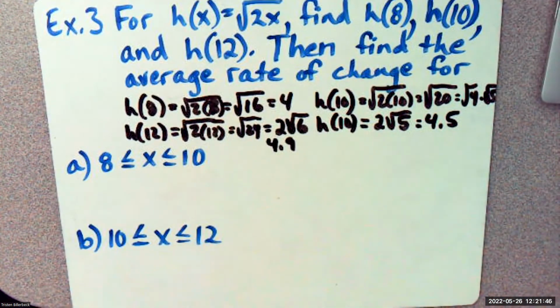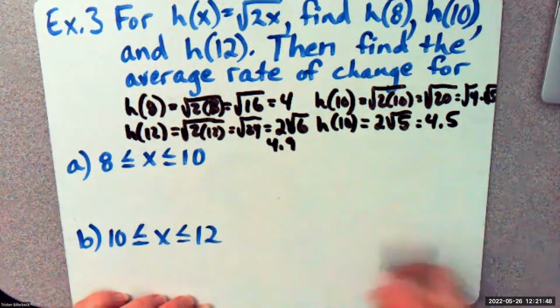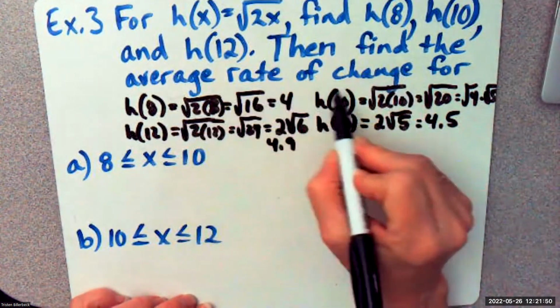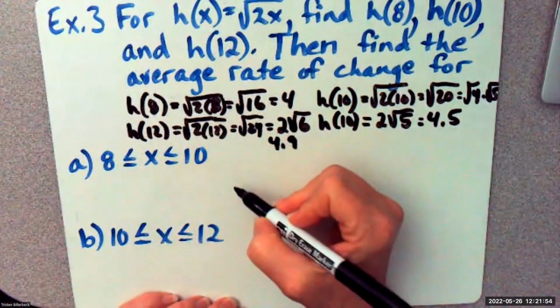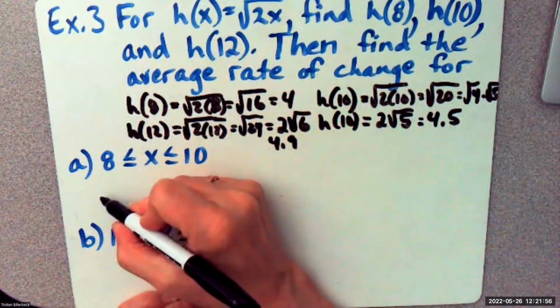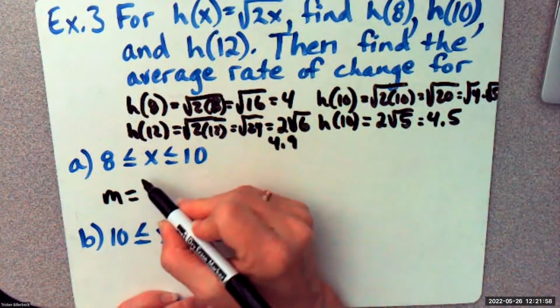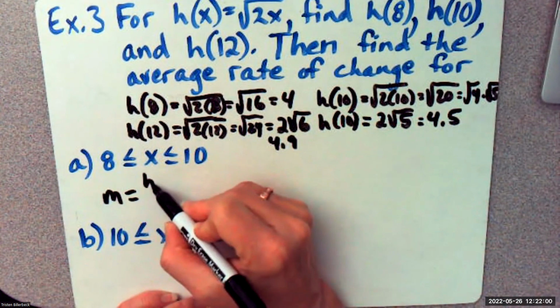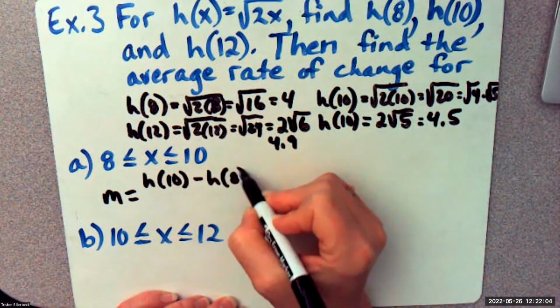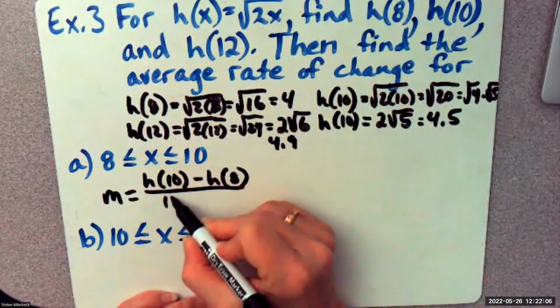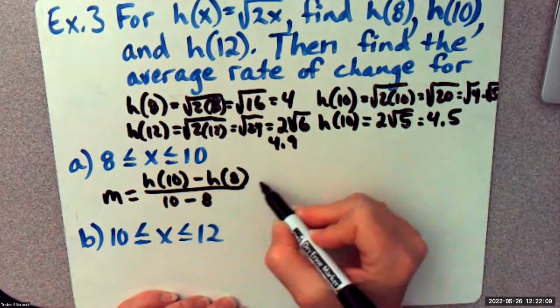Okay, so now let's find what we're looking for, the average rate of change. It's like slope, but we're going to do h of 10 minus h of 8 over 10 minus 8.